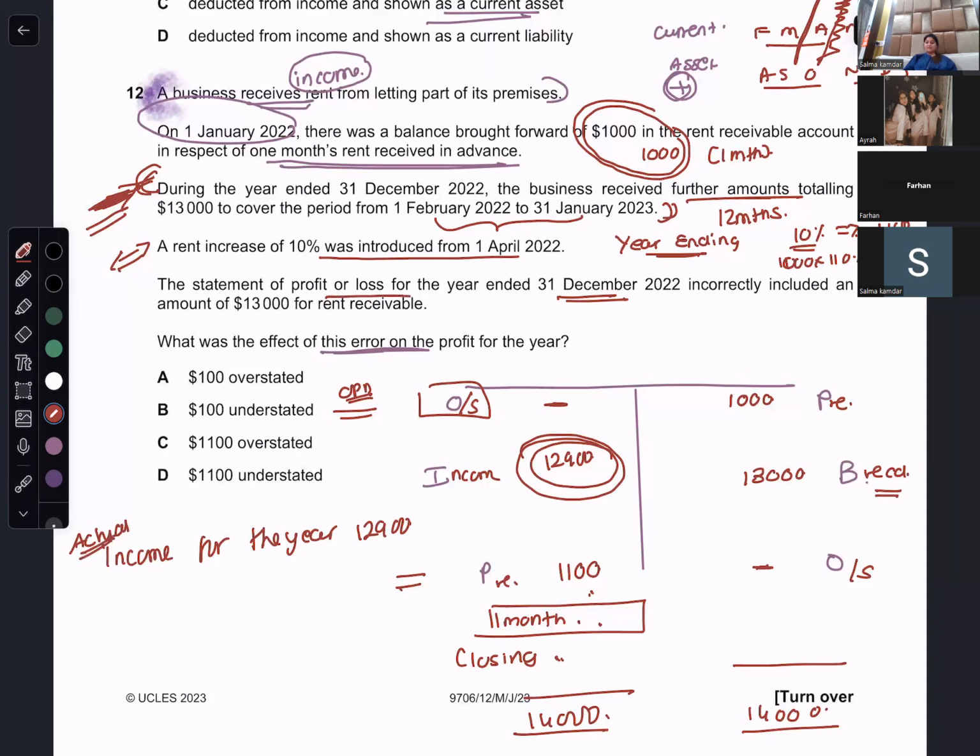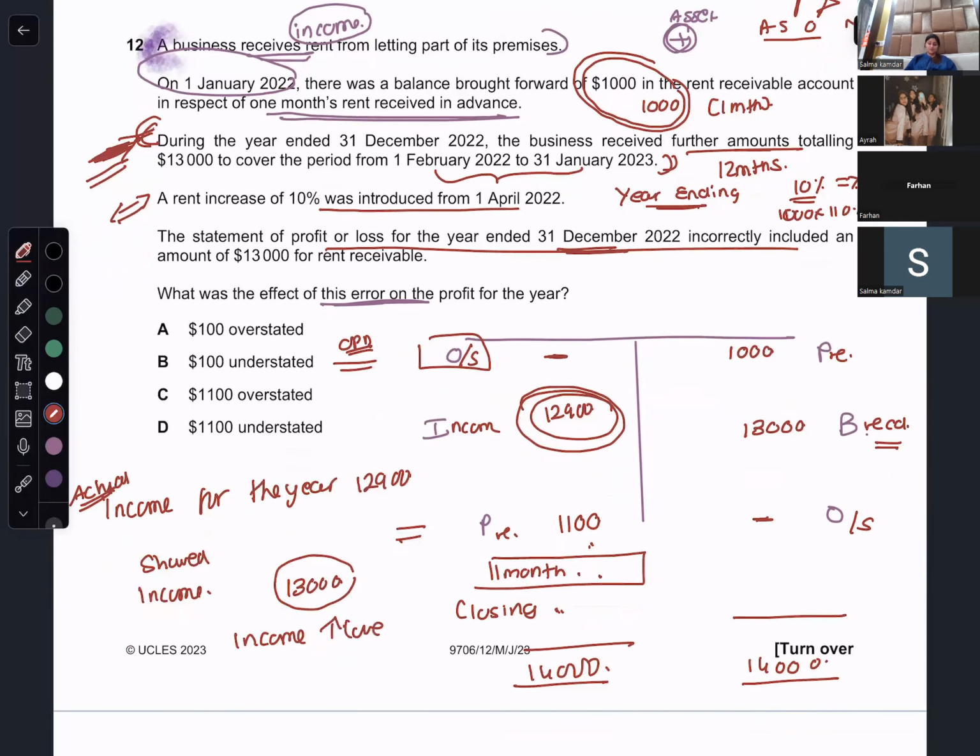But your statement of profit or loss has incorrectly included 13,000. So they have shown the income as 13,000, which means income is overstated.